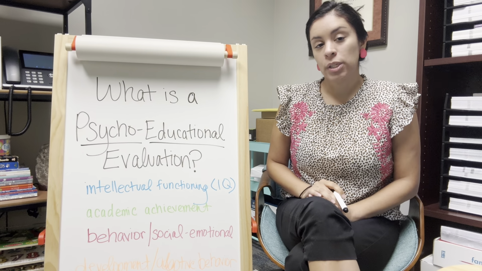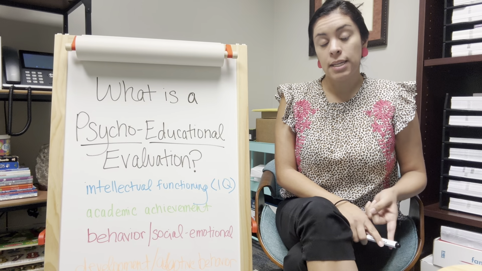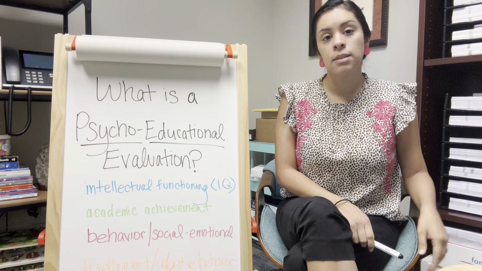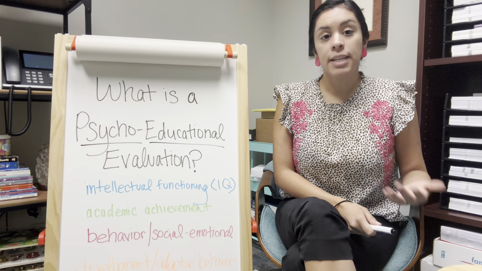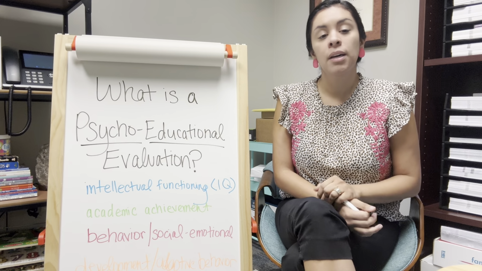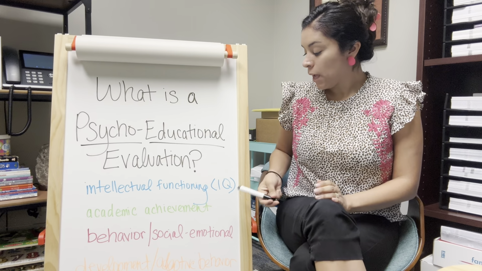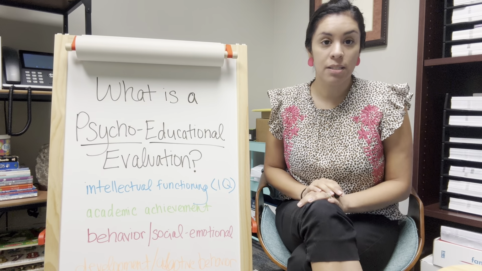So we want to be looking at the child's current report cards and grades, previous grades. We'll look at the child's standardized state testing, so like the FAST test if you're in Florida. And then we also have individual academic tests as well.